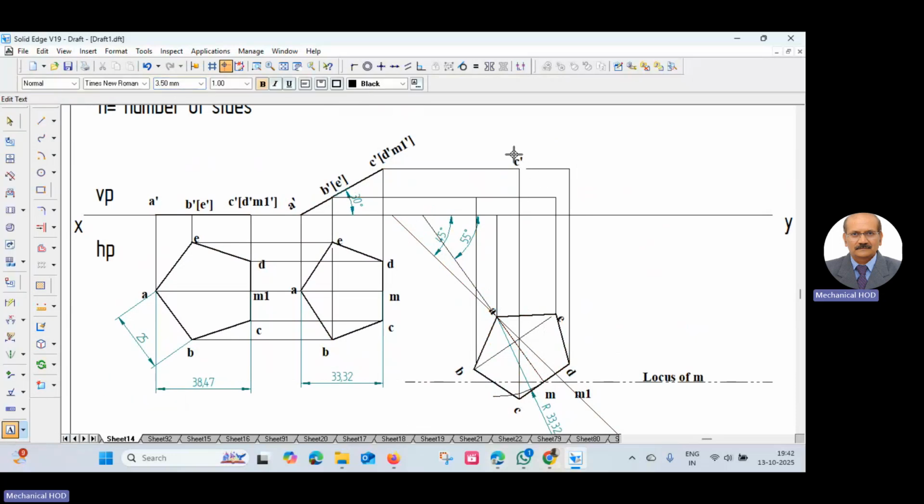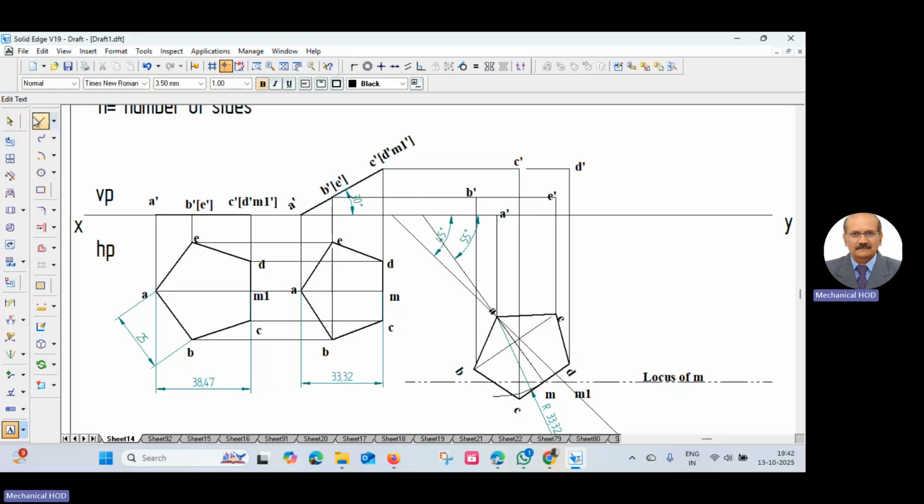This is C dash, D dash, E dash, A dash, B dash, C dash, D dash, E dash.